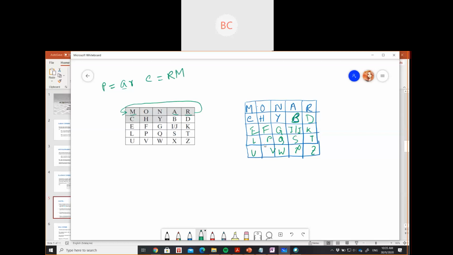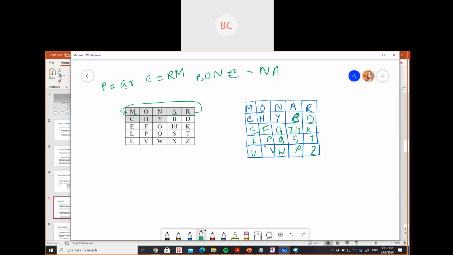If your plaintext is ON, then what will be the ciphertext? Next to O is N, and for N it's A. So the moment you get the last letter, it goes back to the first.